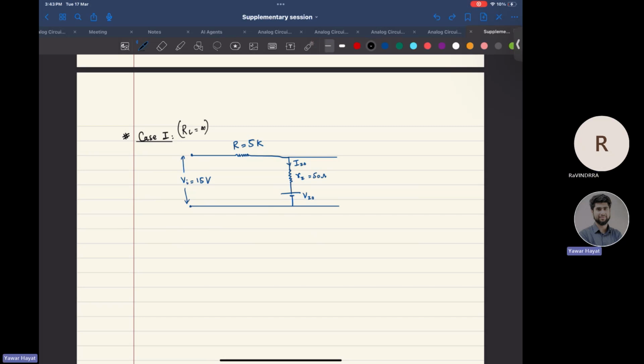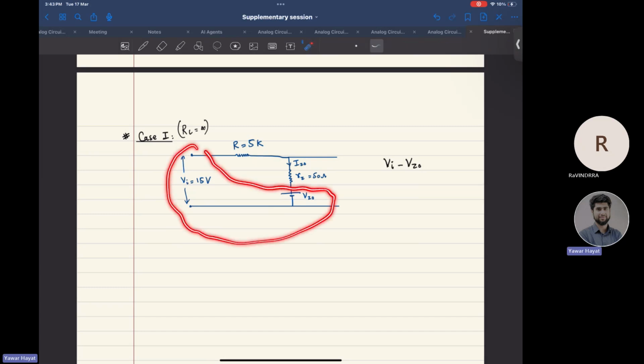So the effective voltage, if I traverse this loop and use KVL, would be VI minus VZ naught. That would be the effective drop here.